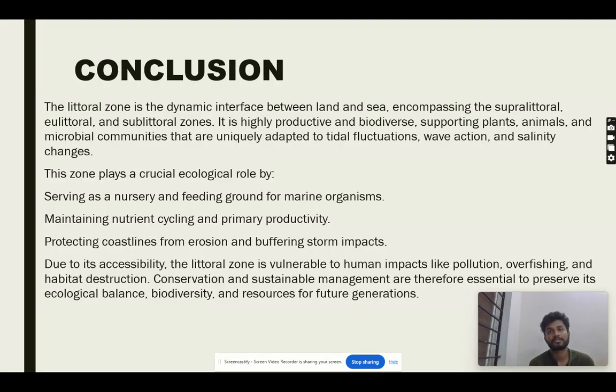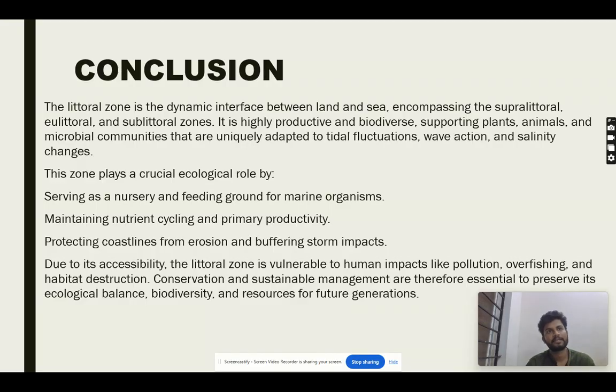and why it is a paramount feature in deciding the food and other things of humankind, basically promoting aquaculture, because of the nutrients it harbors, and the other organisms which thrive in the littoral zone due to the availability of nutrients.